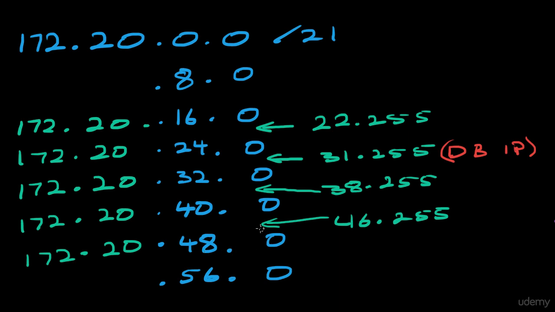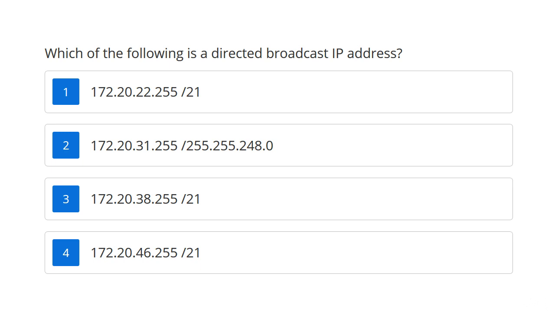If we went back one, the directed broadcast of the 40 network would be 47.255. This is 46. So the only directed broadcast IP we have in this list is 31.255. So the answer to this question is 2.